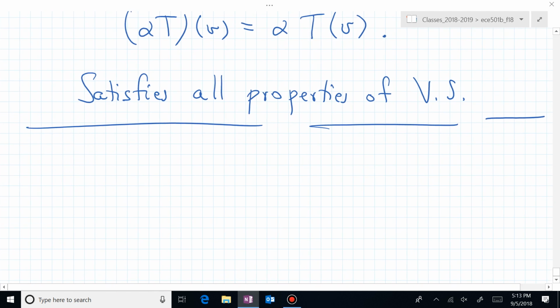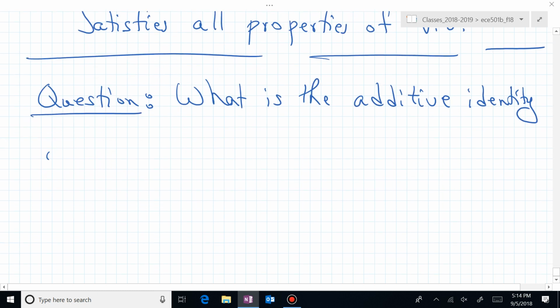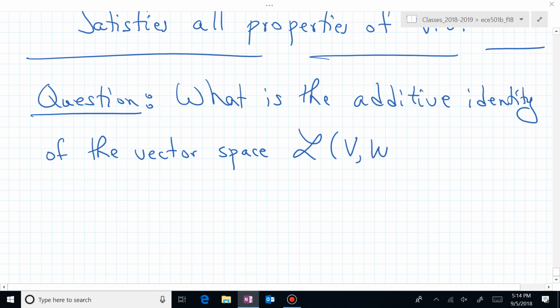Let me ask one question here. Now that you're all experts on these properties of linear maps, what is the additive identity of this newly created vector space L of V W? That's our zero map, isn't it?